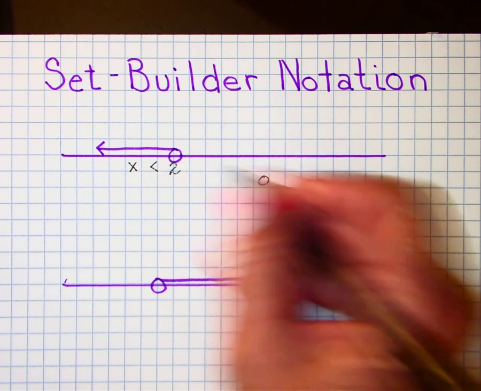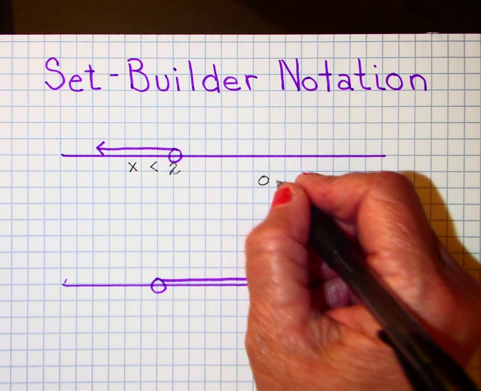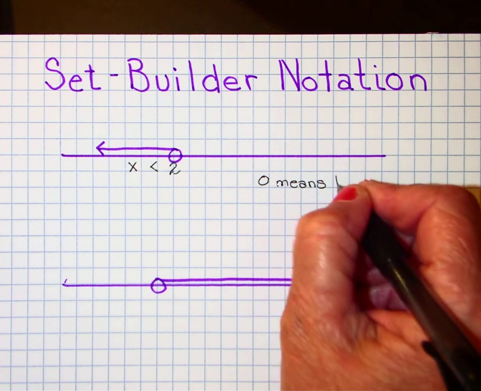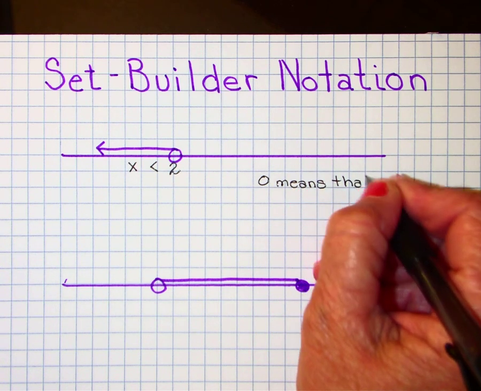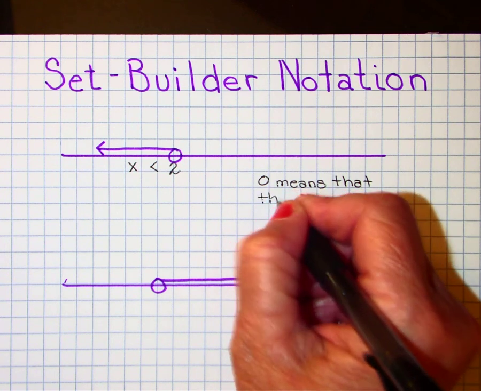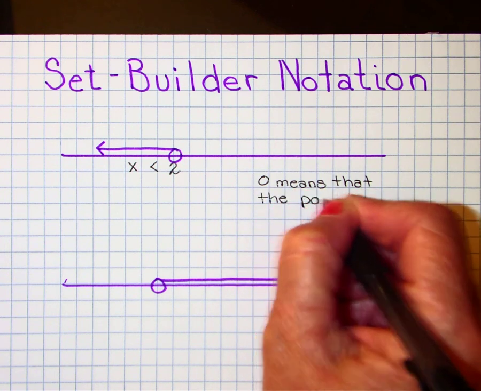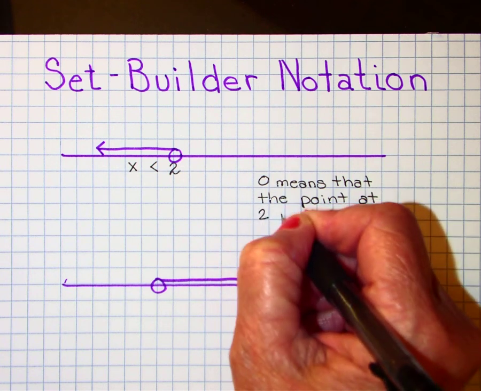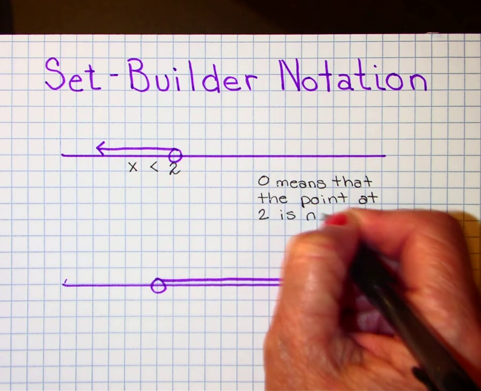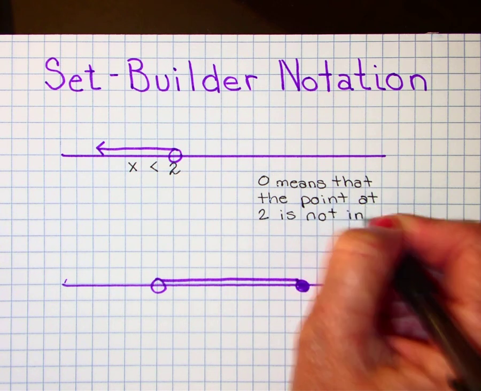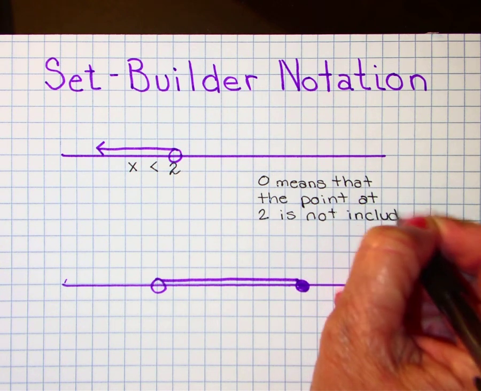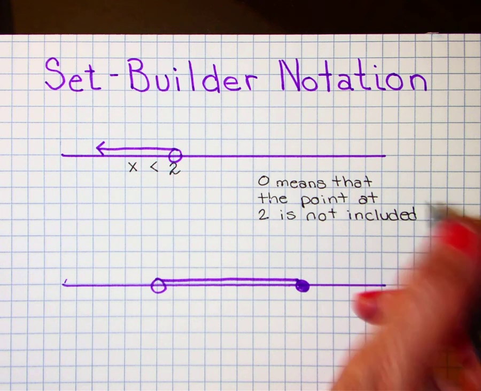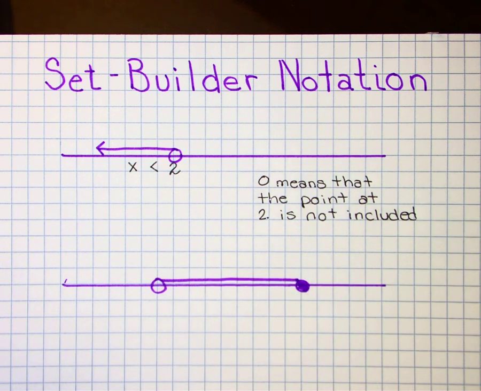The open dot here means that it's not included, that the point at 2 is not included. But everything up to 2 is included. There's infinitely many points right next to 2, and all of those are included, but 2 is not.